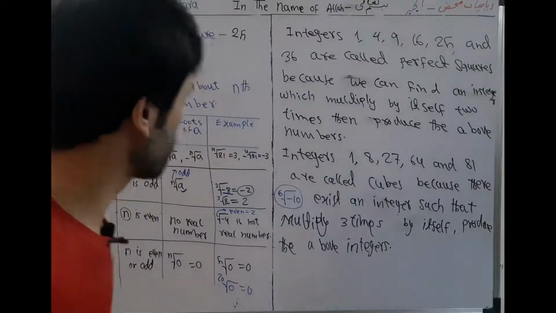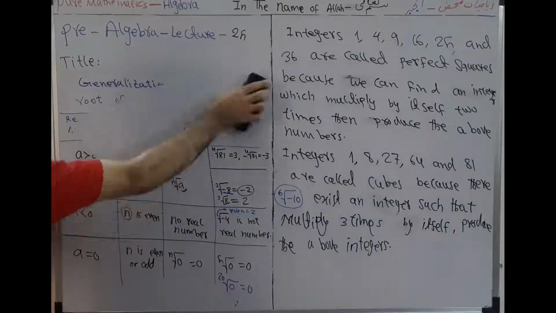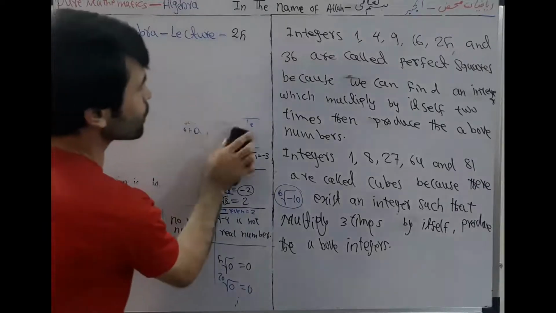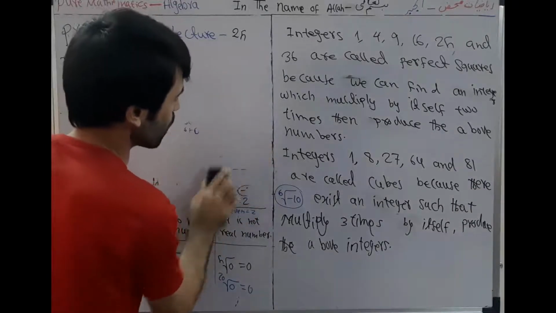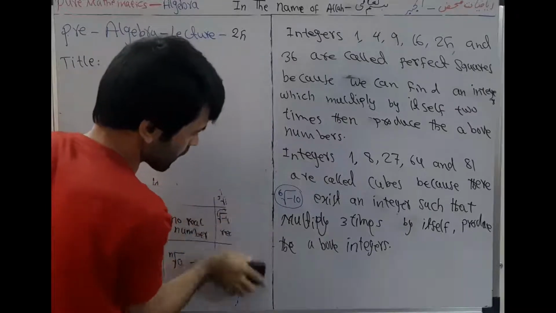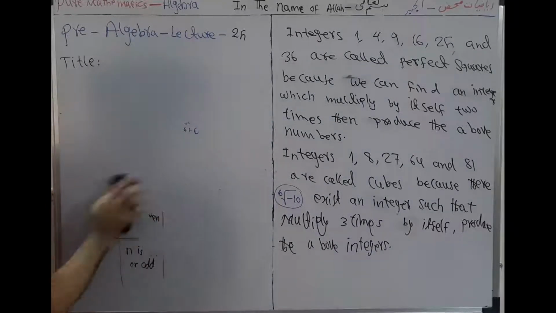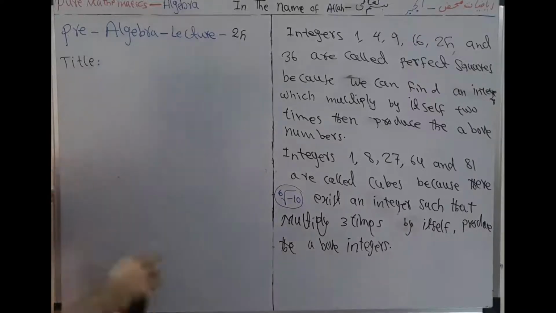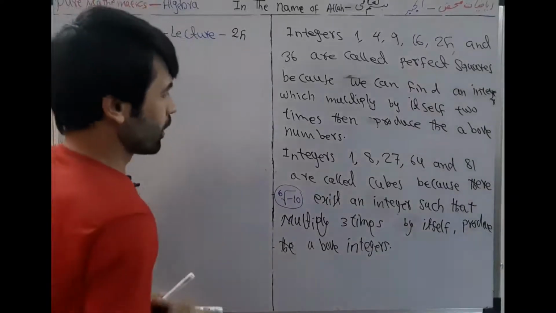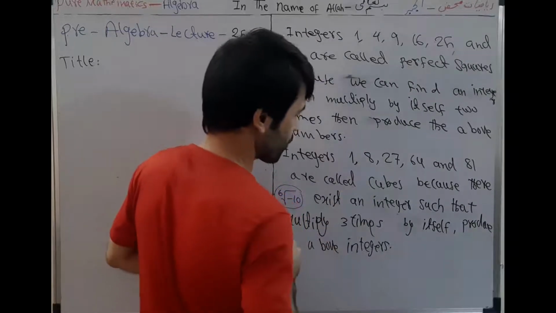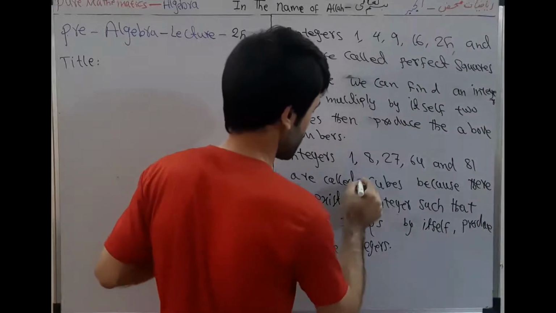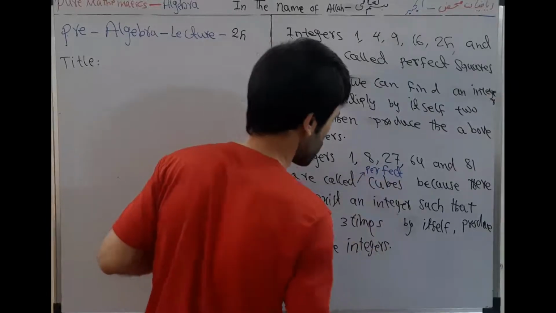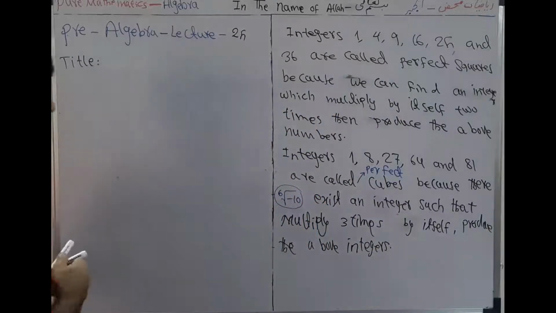Here we want to explain about the square roots of perfect squares and the cube roots of perfect cubes.